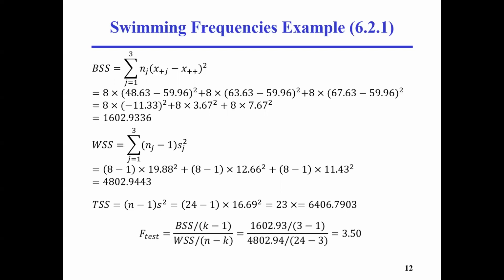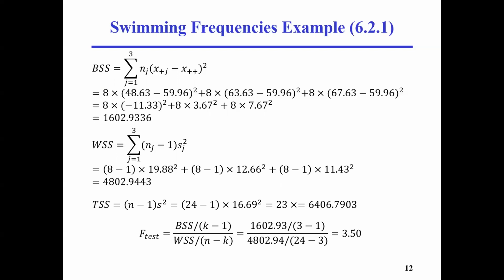And eventually, we need to calculate the F-test. The F-test actually has nothing to do with TSS, right? You just need to know BSS and WSS, and calculate the degrees of freedom for BSS and WSS. The degree of freedom for BSS is 3 minus 1, K minus 1, which is 2.